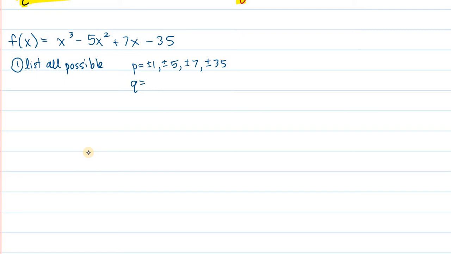And the factors of the first term, or the leading coefficient, which in this case is plus or minus 1. Therefore, the possible list of zeros is going to be plus or minus 1, plus or minus 5, plus or minus 7, and plus or minus 35.